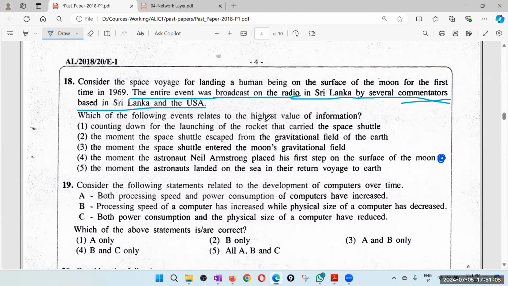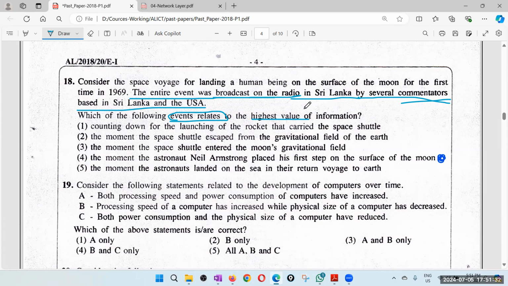This is about the value of information. Which of the following events relates to the highest value? Remember, we discussed the value of information, right? So the highest value is at the information creation time. As time passes by, value goes down in general. Okay, in general.